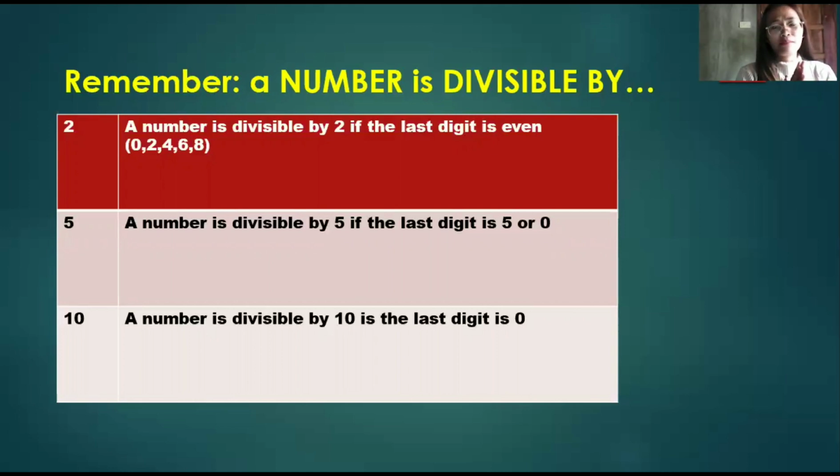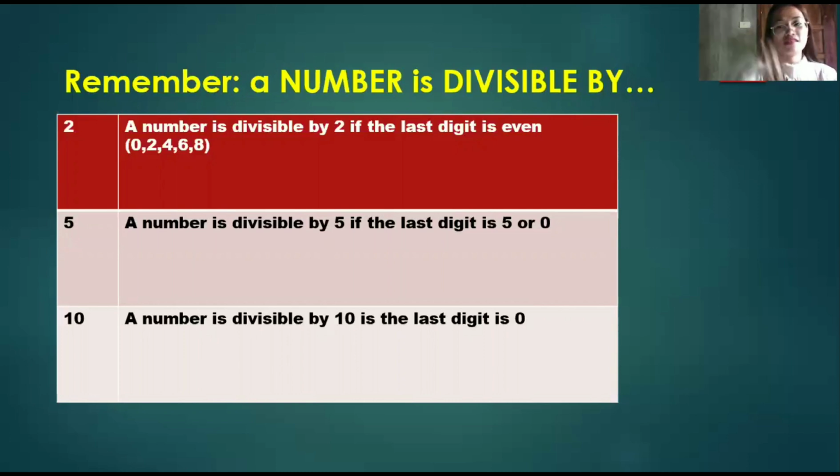So, a question: ma'am, is there a tendency that a number is divisible by 2 and still divisible by 5 and divisible by 10? The answer is yes. So, for example, 200, it ends with 0.